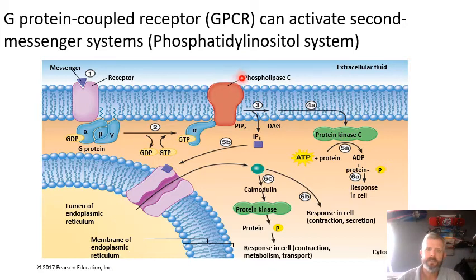One of these systems is the phosphoinositide system, in which activation of the G proteins will go and activate this phospholipase C enzyme. We'll see this can activate IP3 and diacylglycerol, DAG, but you can see what we're getting is activations of these cell signalings.